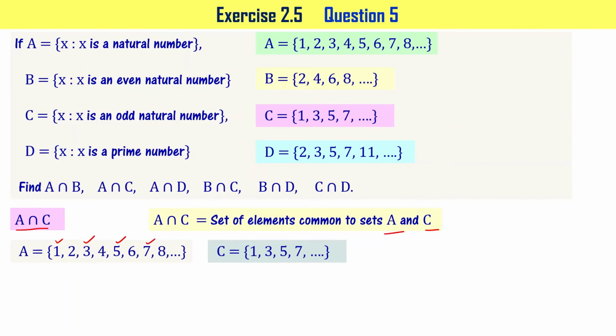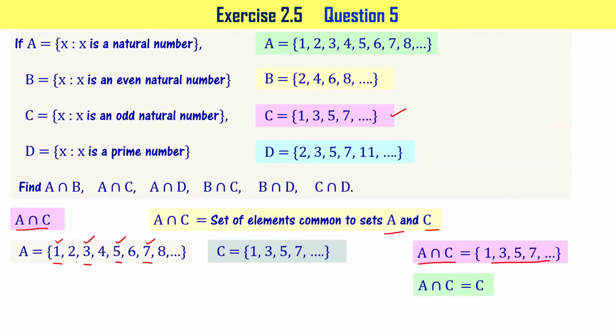Like that one can write many. So A intersection C is the set containing elements 1, 3, 5, 7 and so on, right? That's what we have written. Now if you observe this, 1, 3, 5, 7 is what? That is set C. That's why we can say A intersection C is equal to C.